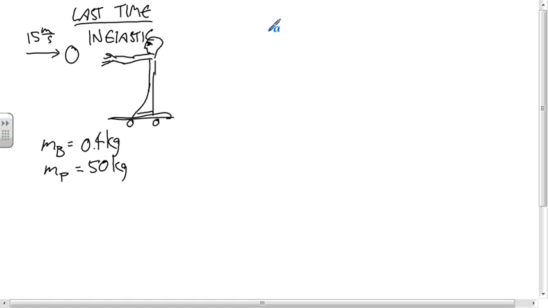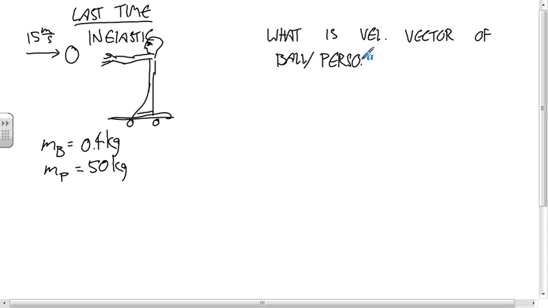And we were asked to find what's the speed, or really it was the velocity. What's the velocity vector of the ball-person combo after the catch?